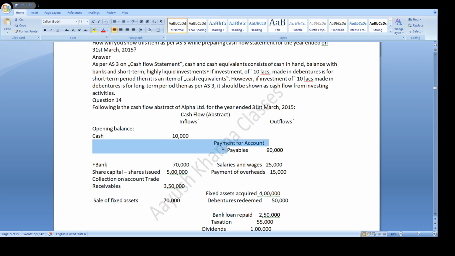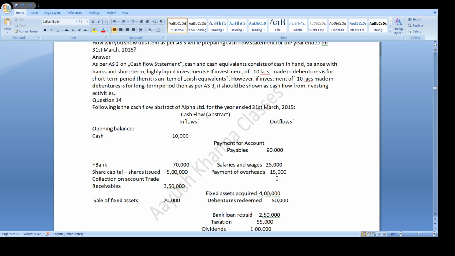Payment for trade payables 90,000, salaries and wages 25,000, and payment of overheads 15,000.